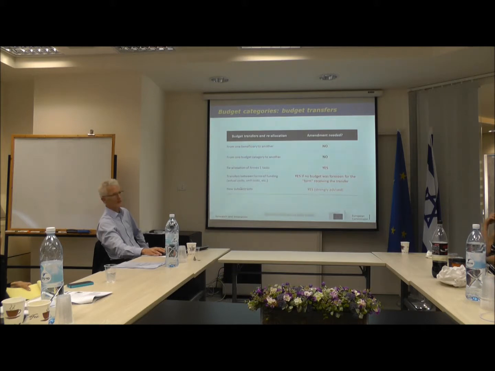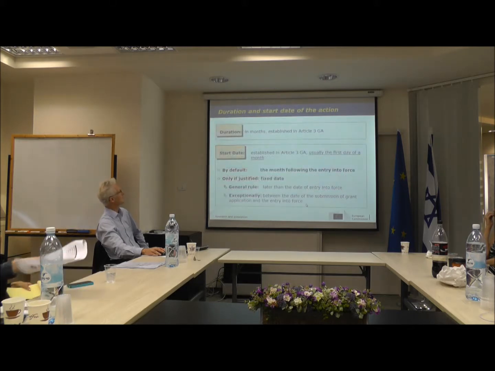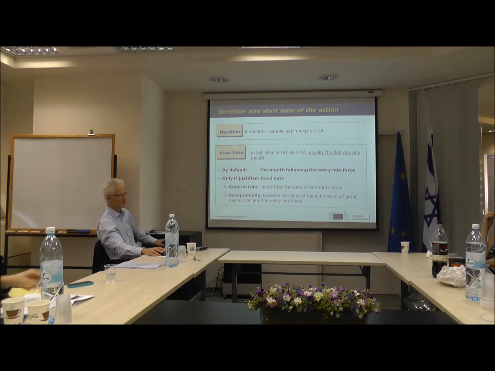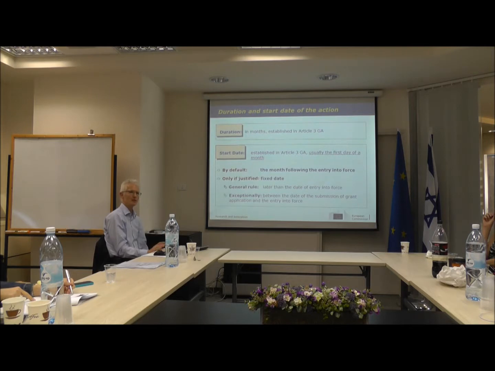For new subcontracts or changing of subcontracts, it's strongly advised to still have an amendment. But if it says strongly advised, it means that you're not obliged. You can take the risk, just do it, and report it in the periodic report. The project officer looks at it and has a margin of decision. It's not obliged.